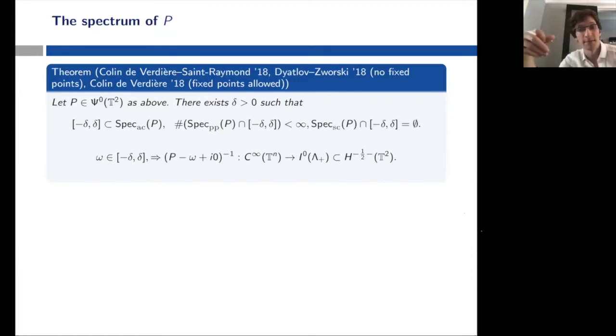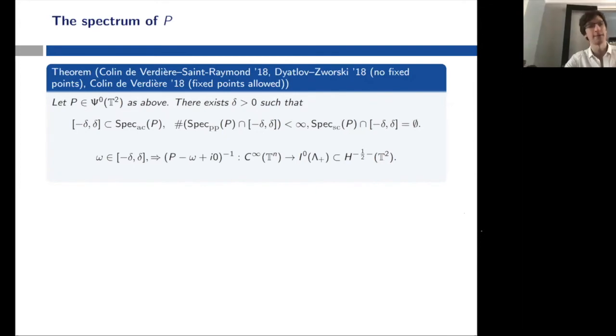So if you're away from an eigenvalue and you take this limiting absorption resolvent, you can see that it maps smooth functions to some kind of Lagrangian distributions associated to this attractive Lagrangian. But if you don't like those words, then you should just think that it's a map from C infinity to something slightly worse than h minus a half. So by relaxing the conditions on the space, as usual, you get some limiting absorption principle.